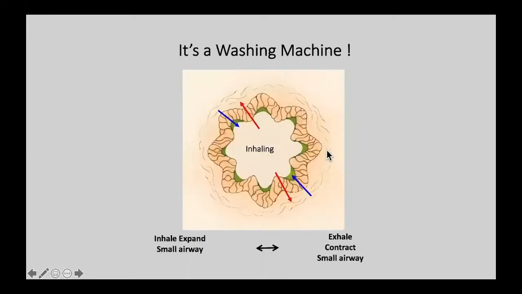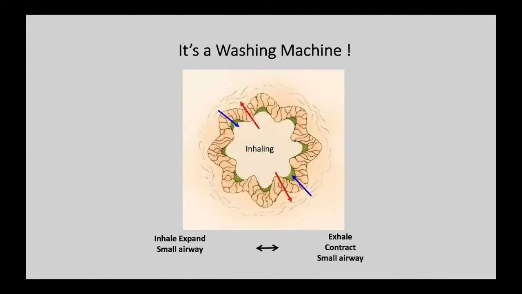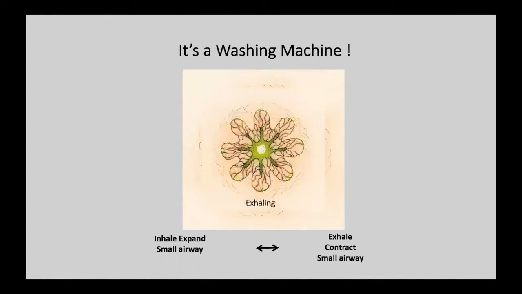So what do we have? Well, I would be so bold as to say we have a washing machine in our breathing machine. By what we just saw, the villi and the folds will move, contract, and expand in concert with our respiratory cycle. That is, as we inhale, we expand, and as we exhale, we contract. Inhale, expand, exhale, contract.